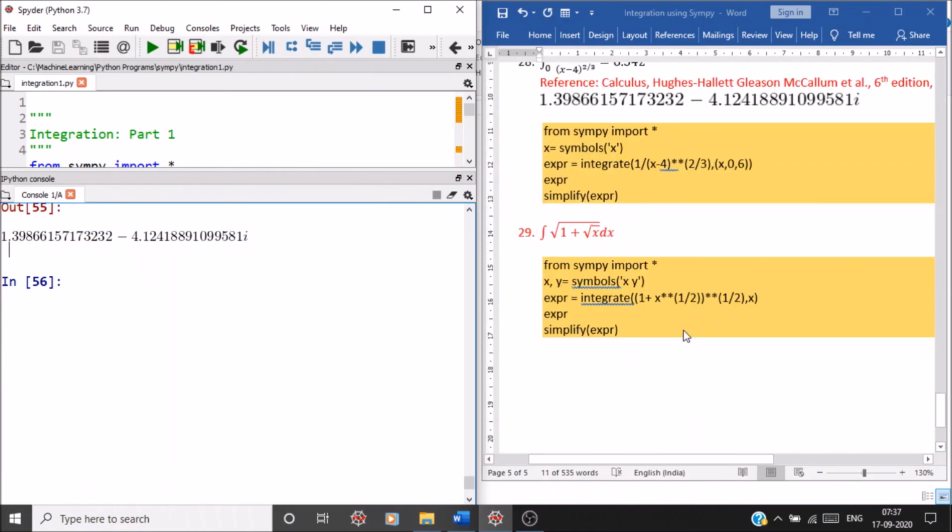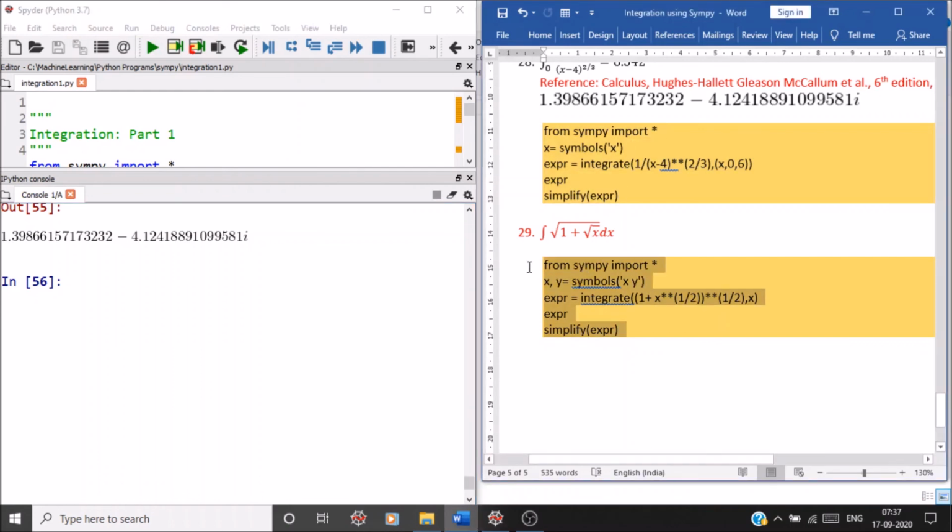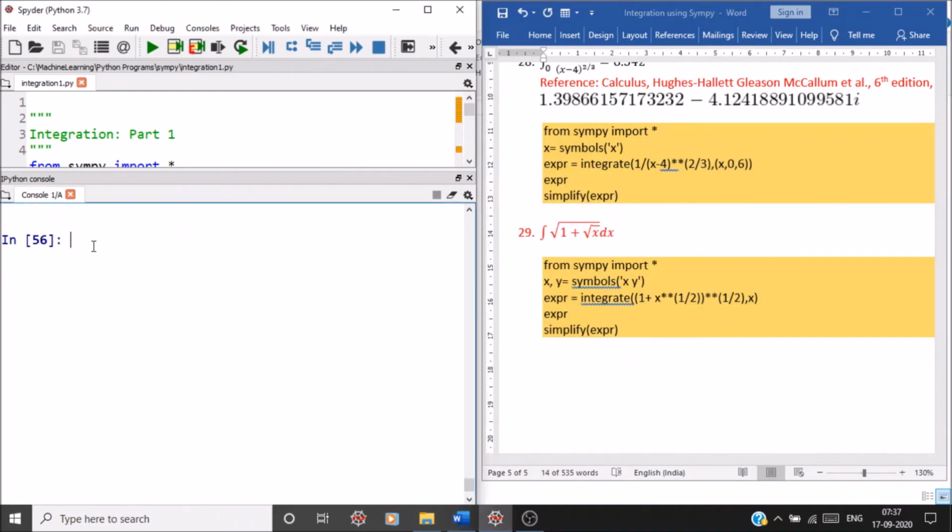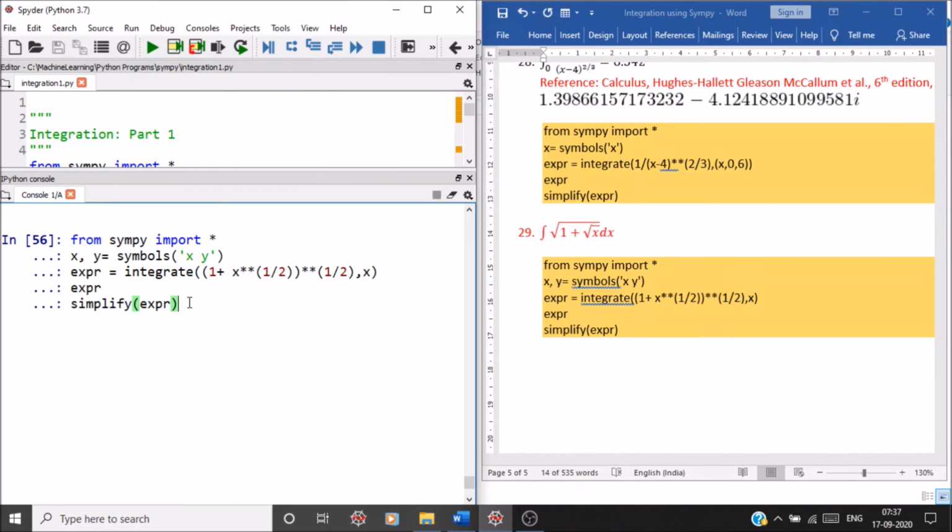Okay. Now similarly, integration of square root of 1 plus square root of x dx. Now try to execute this one and see the result. Okay, so still it is executing.